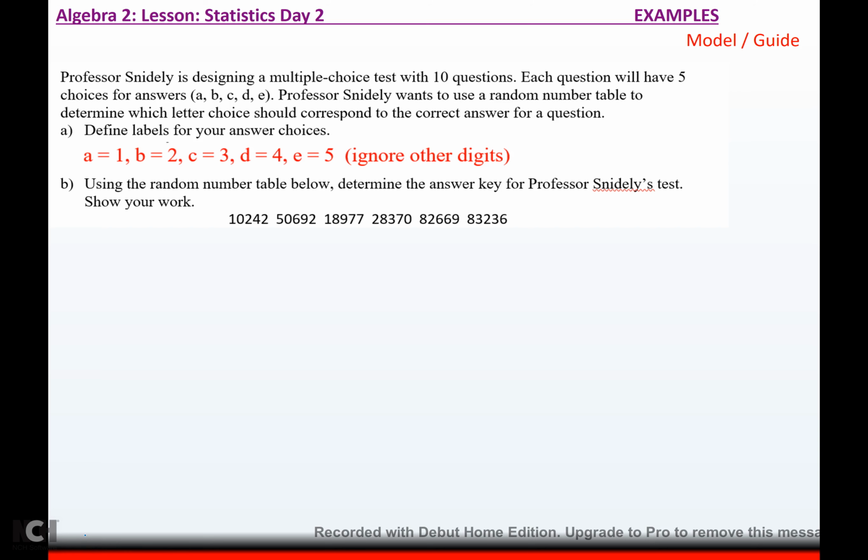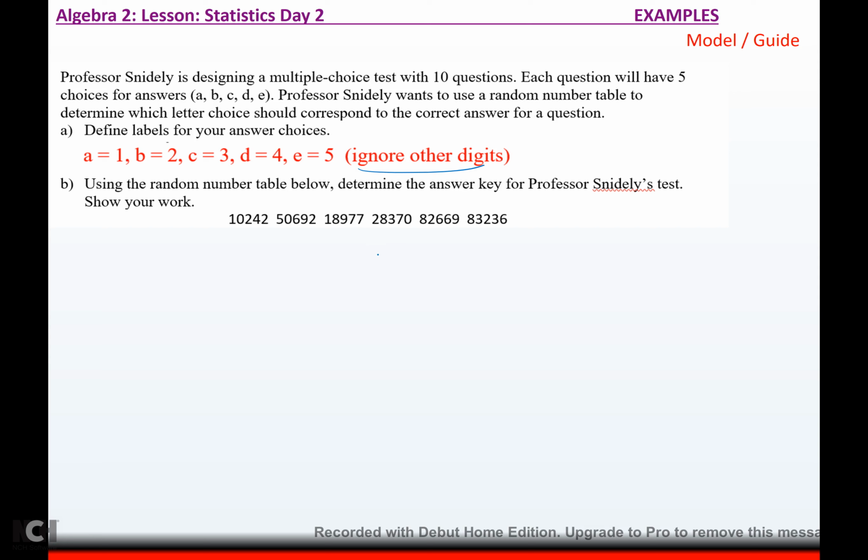You can do whatever you want. I said let choice A be a 1, choice B be 2, choice C be 3, choice D be 4, choice E be 5. And I'm going to ignore all the other digits. So using the random number table below, you can make it as big as you want. Obviously, the more you use, the more accurate you get, but we just use these.